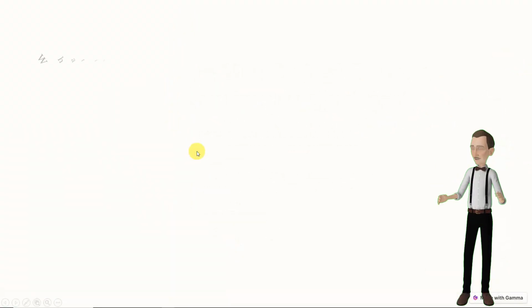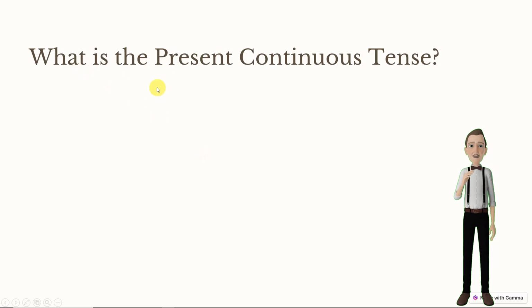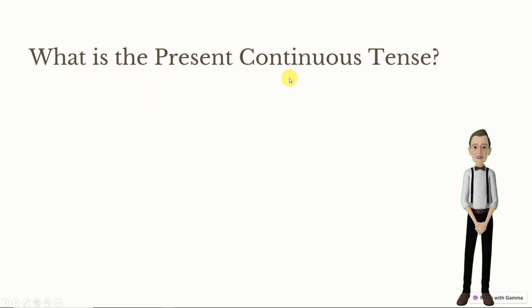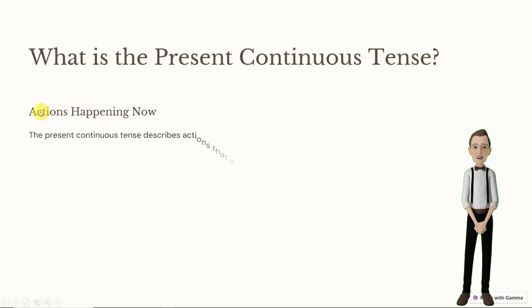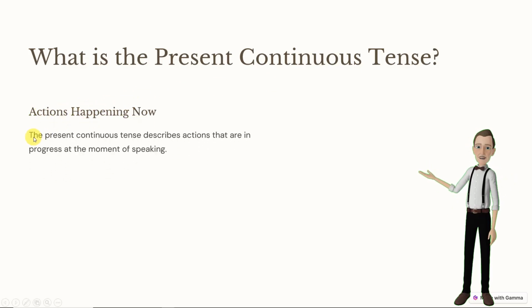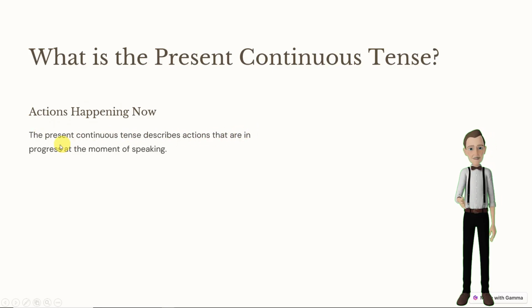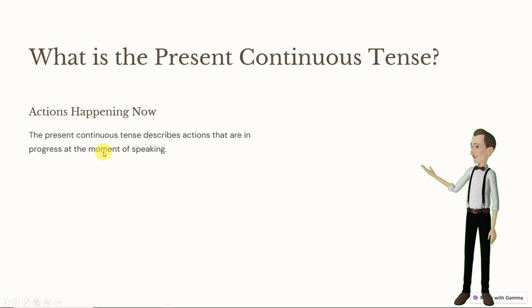Okay, let's have a look at what the present continuous tense is. Now guys, if you haven't watched the previous lesson on the present continuous tense, I'd advise you to watch it before you watch the one about questions, right? Just a recap: actions happening now. The present continuous tense describes actions that are in progress at the moment of speaking.